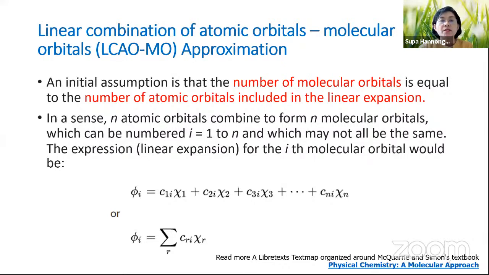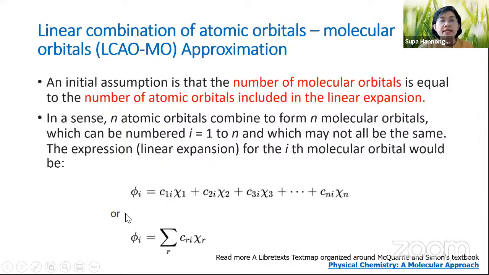You have the molecular orbital phi i equal to a coefficient multiplied by atomic orbital 1, and so on, like this linear combination of atomic orbitals.